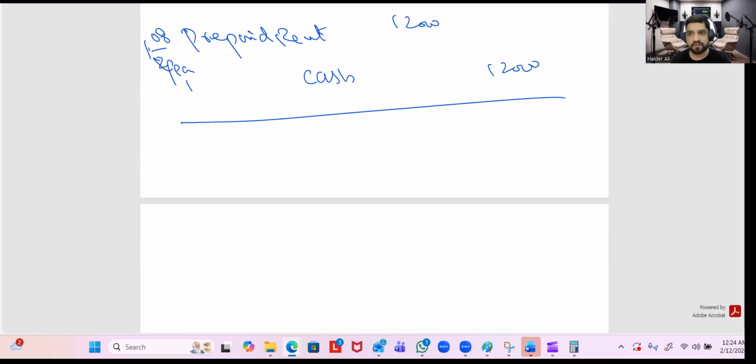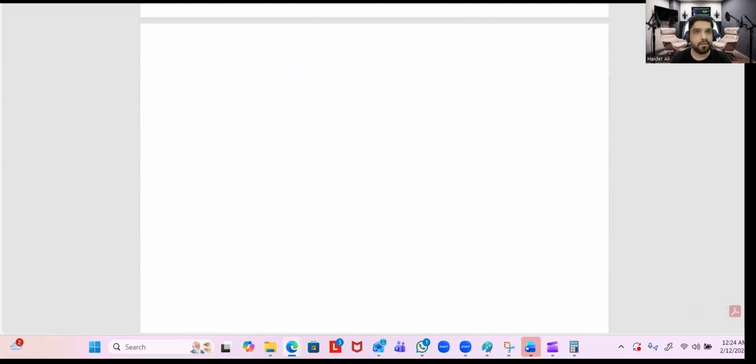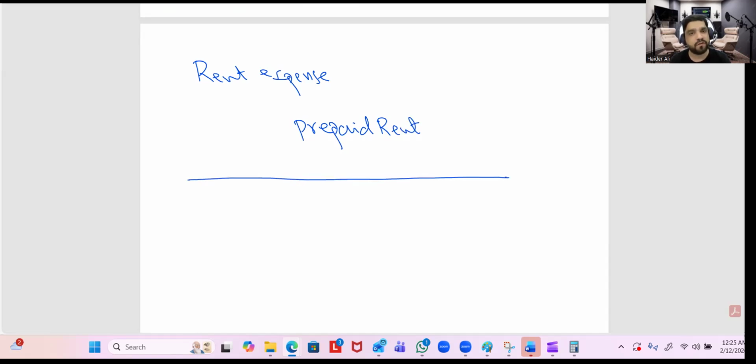So if I solve this question here, we need to recognize the rent expense debit for 5 months, and prepaid will be recorded as credit because the asset is no longer available. We have consumed the prepaid up to 5 months. 12,000 was paid for 1 year, so for 1 month we have paid 1,000.